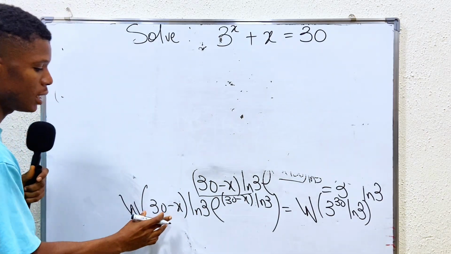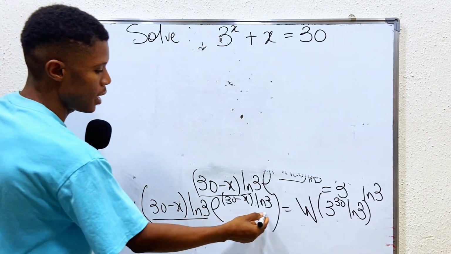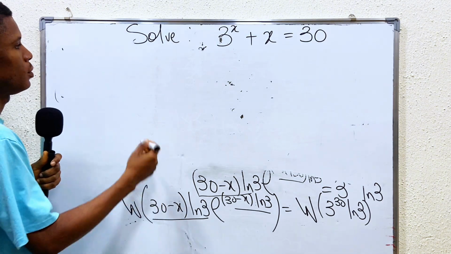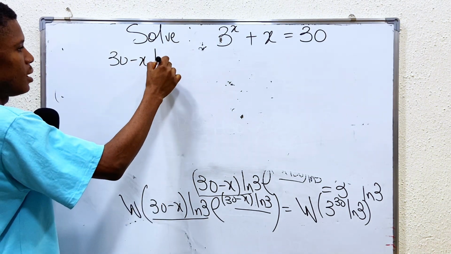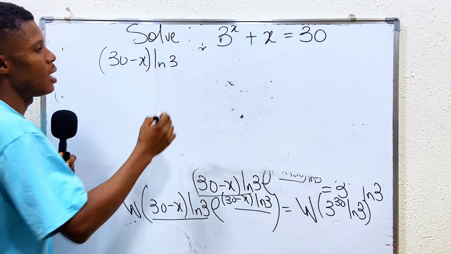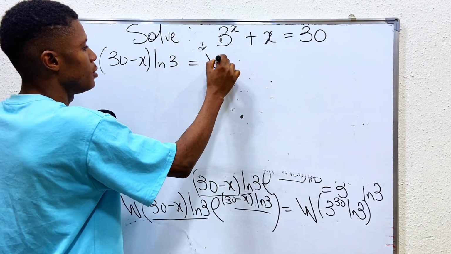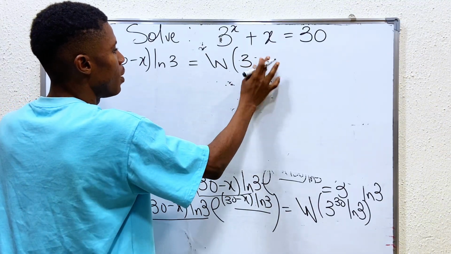So you can now see that the output here will be, all these are just like A. So all this will be the output. So we have 30 minus x ln 3 is now equal to the Lambert W function of 3 power 30 ln 3.